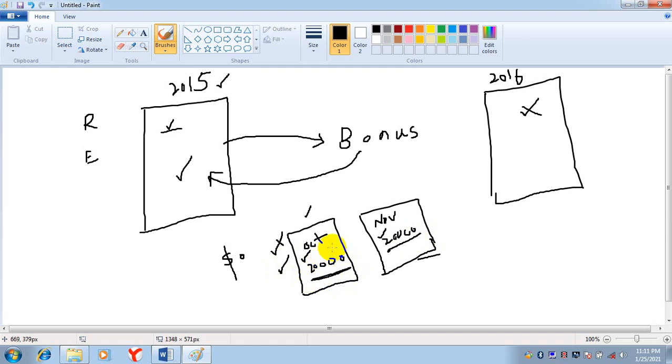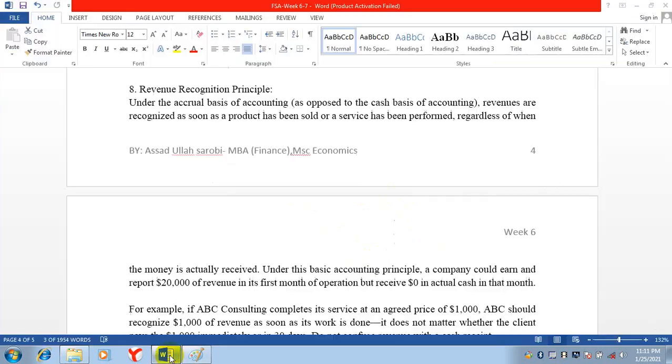So we provided the services in October, so we will record this revenue as October revenue and not the revenue of November when we received cash. Receipt of cash is not important. Just the services are important, when you provide the service.